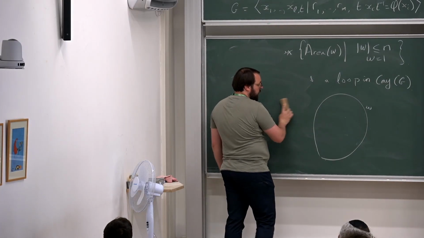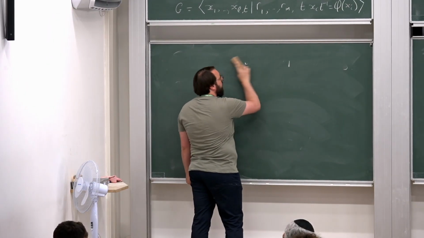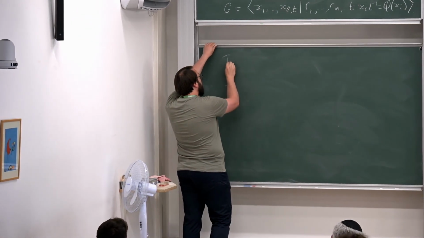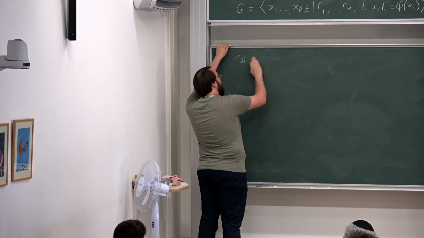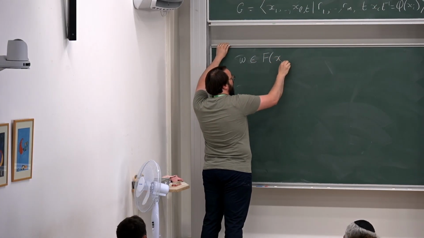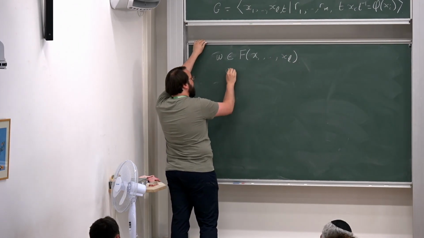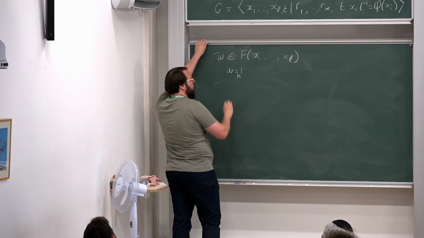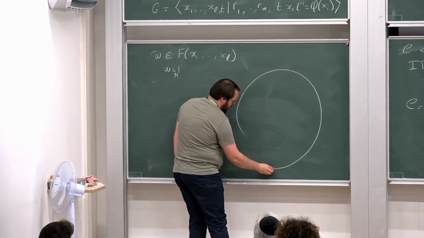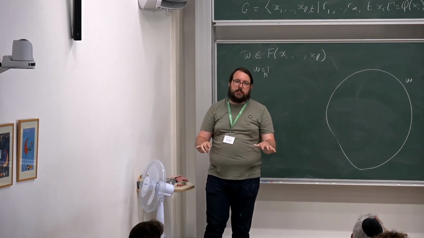And now, let's draw this picture bigger. Now I take some word in the letters of N which happens to be trivial. So W is some element of the free group on x1 through xl, and W is 1 in N. So we have this loop W sitting inside the Cayley graph of N with respect to this generating set.